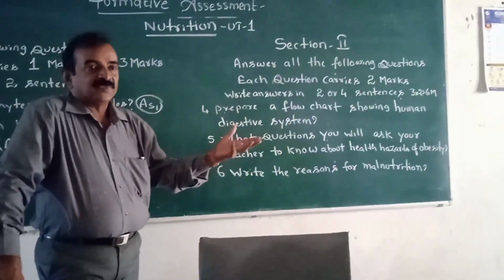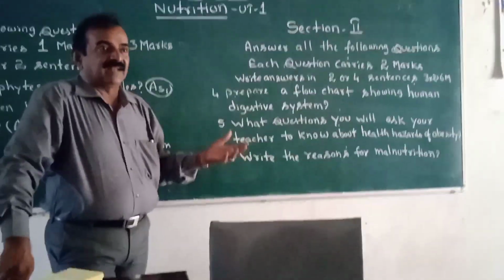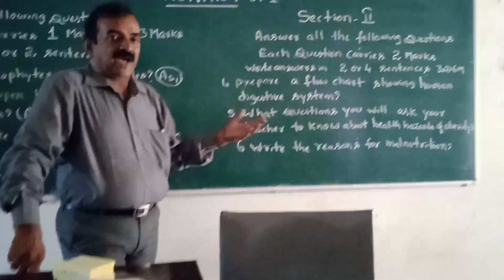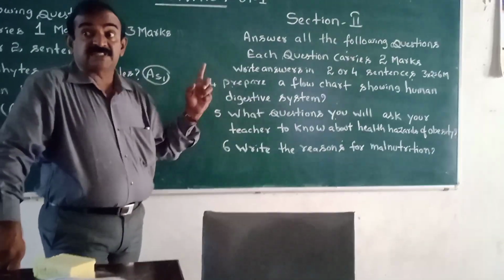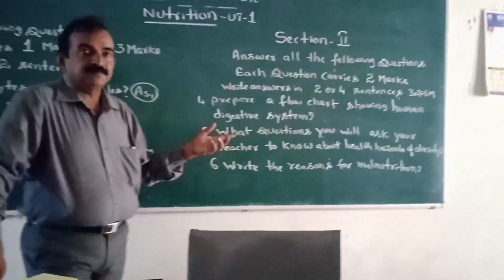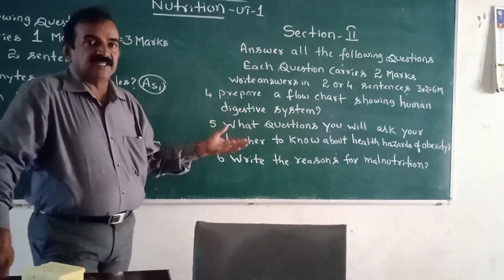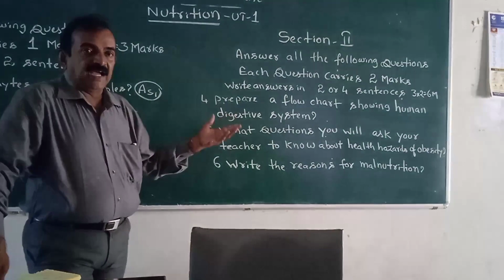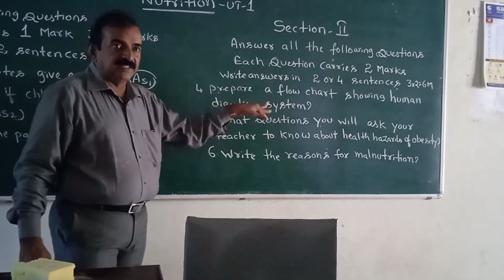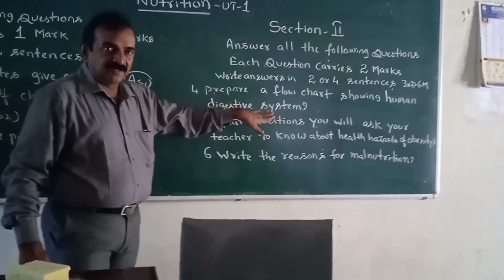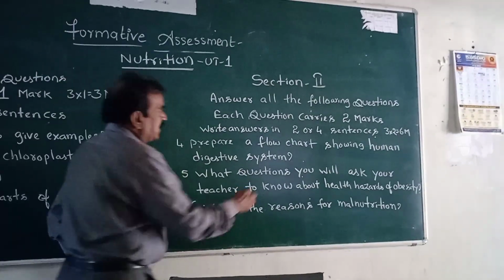Read: food, mouth, buccal cavity, pharynx, esophagus, stomach, small intestine, large intestine, rectum, anus, pancreas, and liver. This is the flow chart, and you need to write it in boxes. And this is an AS5 question.